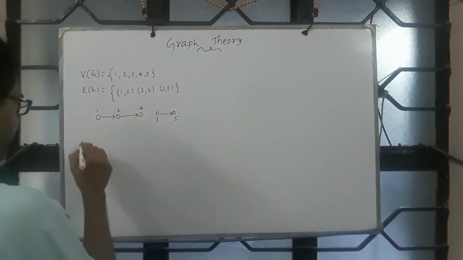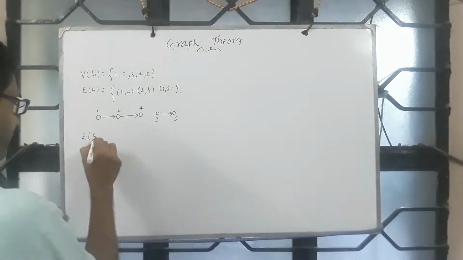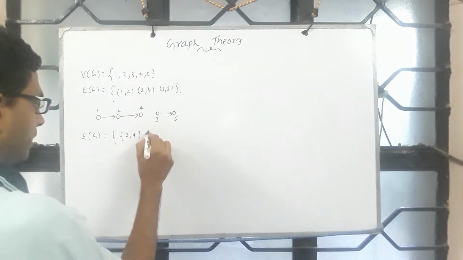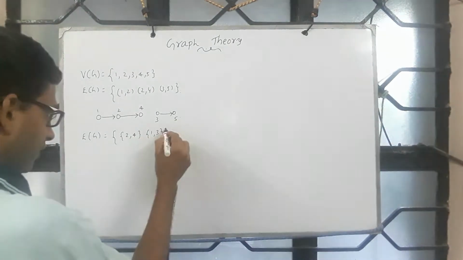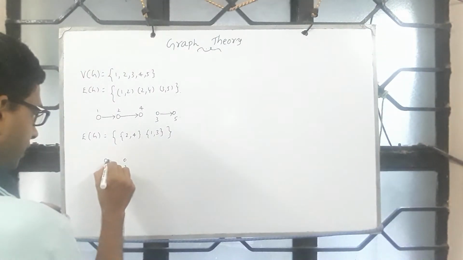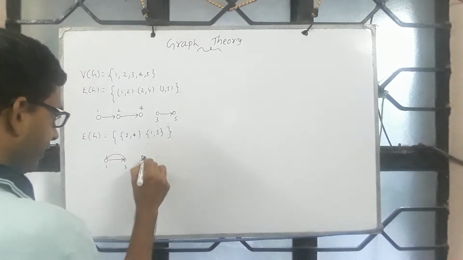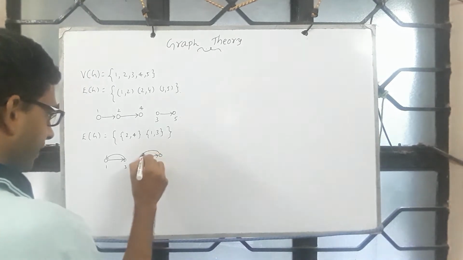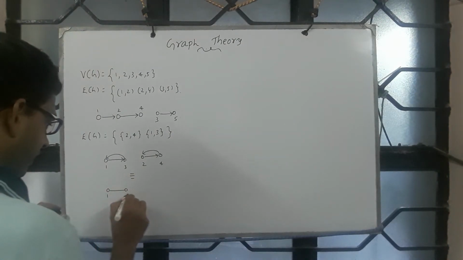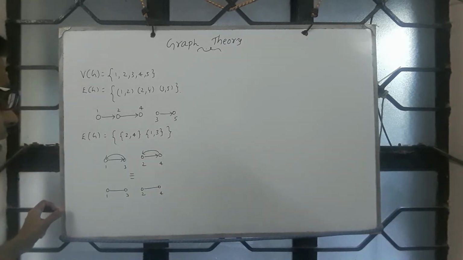Fine. For the same one, let me write some other graph. Suppose E of G is the set containing {2,4} and the set containing {1,3}. Then the underlying graph has a directed arc from 1 to 3, and similarly for 2, 4. Or equivalently, the graph is 1 to 3 and 2 to 4.